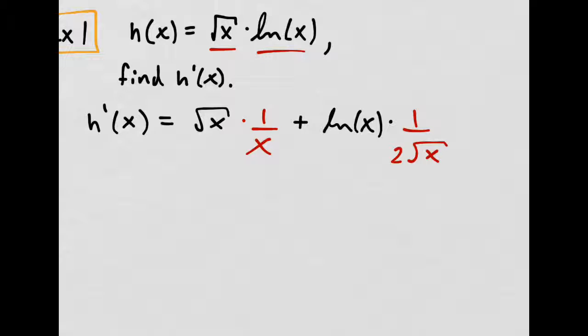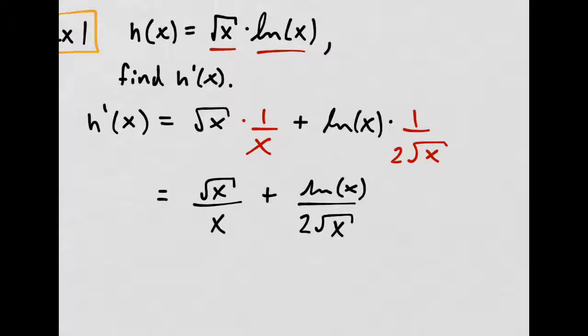Okay, now I will simplify. Technically this is done, but I'm going to simplify. I have the square root of x divided by x plus the natural log of x over 2 root x. Now you could leave it like this, or you could simplify it more.